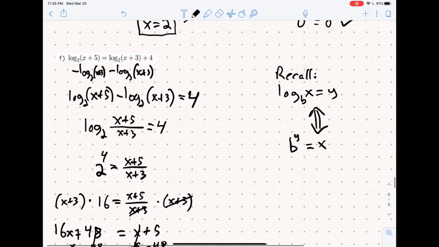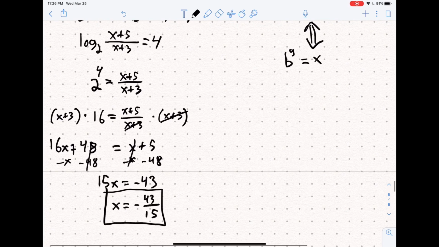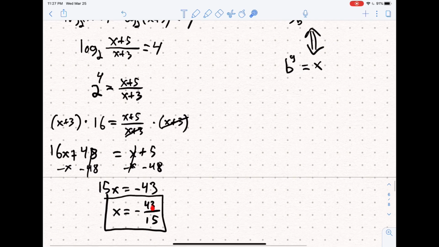Now, there is a final step, which is we should double check that we don't get a negative of a log when we plug this back in. I'm just going to observe negative 43. If we do 43 divided by 15, let me see, 15 goes into 43 2 point something times. And so you can imagine that's a negative 2 point something.